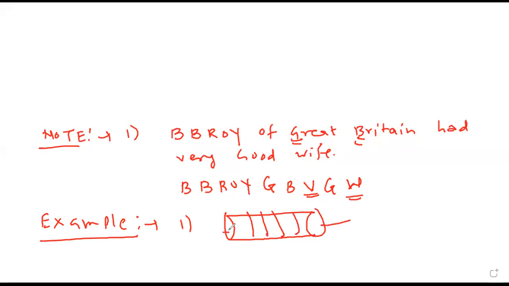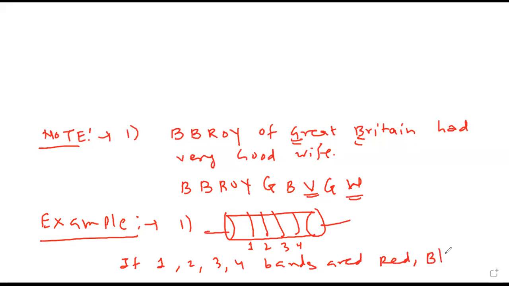There are 4 colors: first, second, third, fourth. If the first, second, third and fourth bands are red, black, orange, and gold, find the value of the resistor.